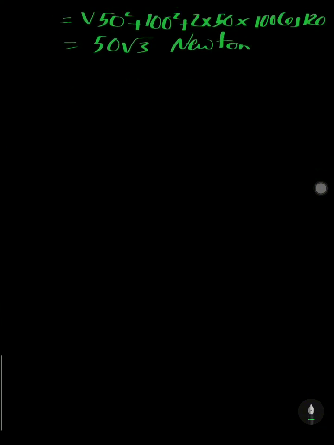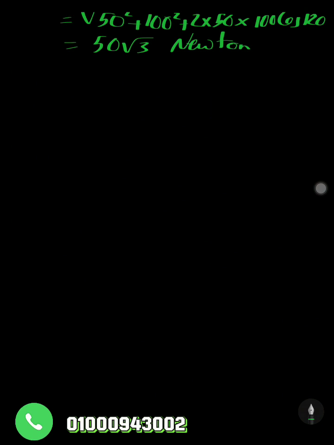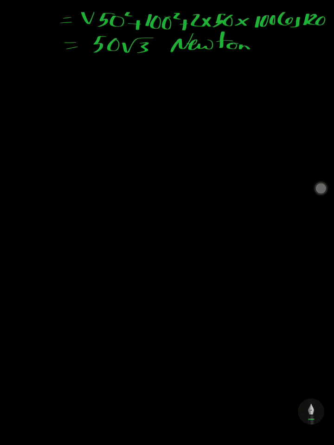Another example. We have two forces. The greatest value of the resultant equals 32 kilogram dot weight. The unit of measuring force is Newton, dyne, kilogram dot weight, or gram dot weight.